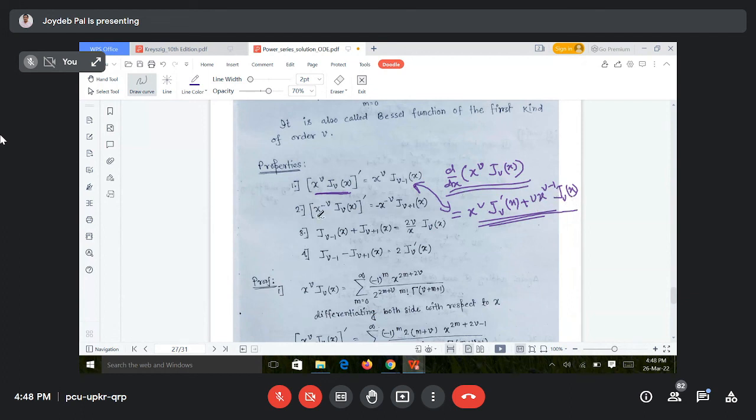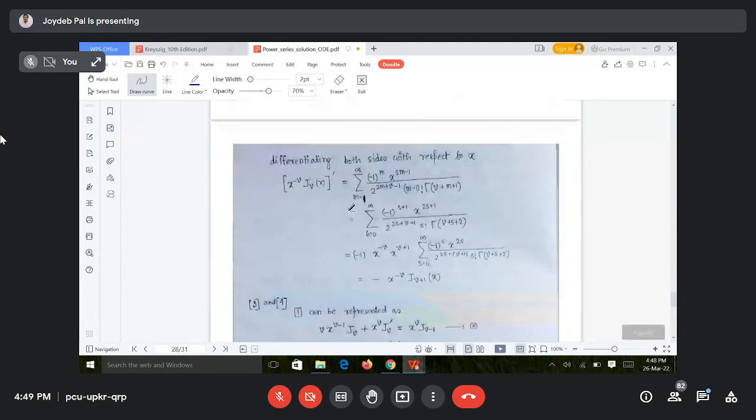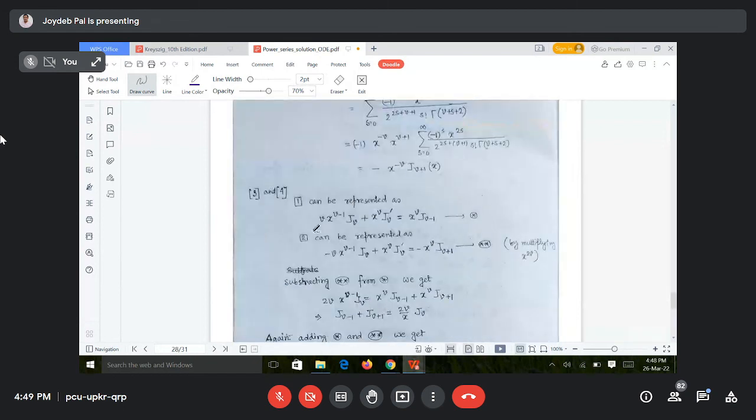Similarly, for the second, you apply the derivative and you will get this type of term. So applying the derivative on the first, I am getting this, and applying the derivative on the second, I am getting this.